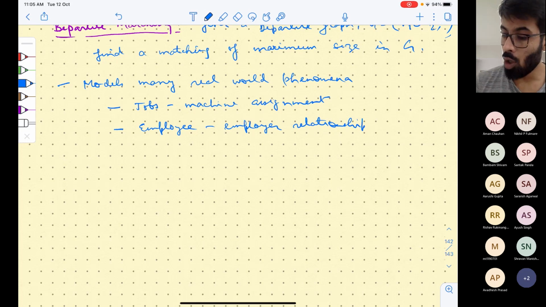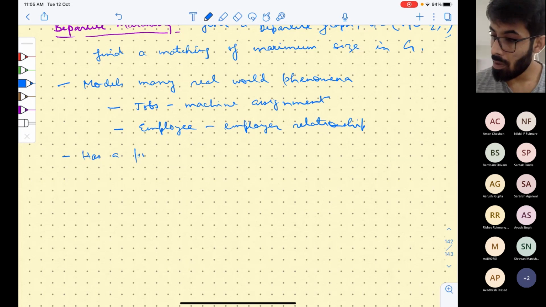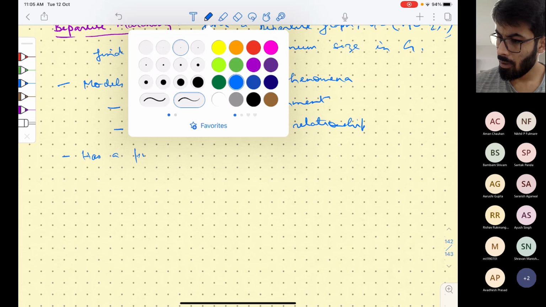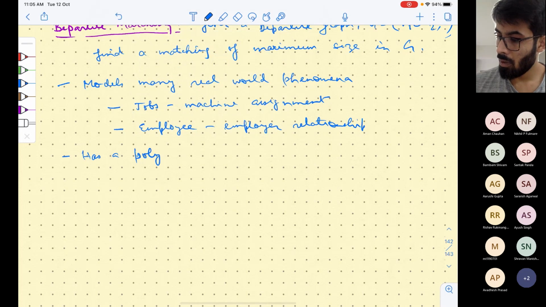So this problem has a polynomial time algorithm. Right?